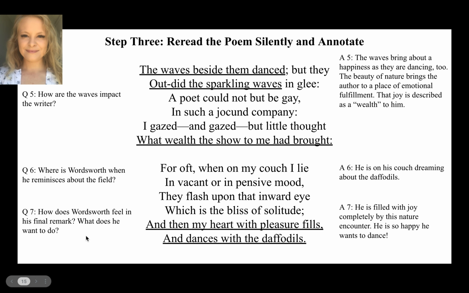And then the waves are something that's being pointed out as a happy part of nature too, and his emotional fulfillment. Then we're showing how he's reminiscing, even though he's not currently in nature. When he's on the couch, his heart is still filled with pleasure about it.